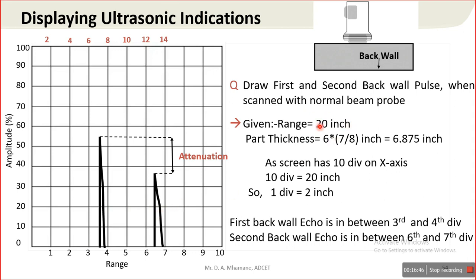But if you increase the range, we get multiple back walls on the screen. It is related to the calibration of component or calibration of probe. We will see in the calibration how this back wall echo comes continuously on the screen as we increase the range. We will see in the calibration afterwards. So this is the numerical related to data representation.